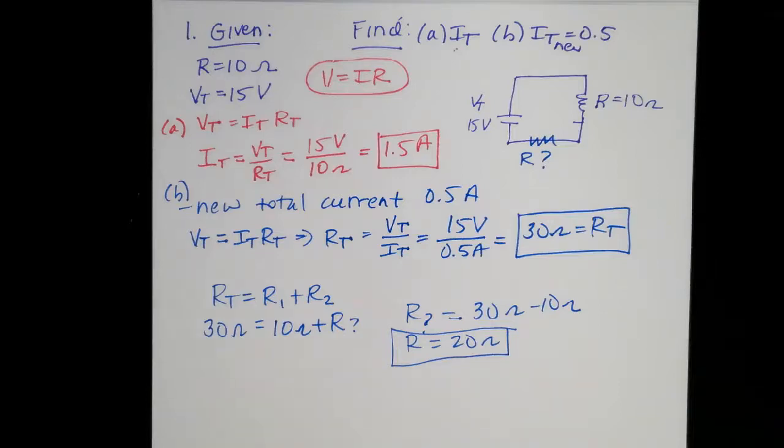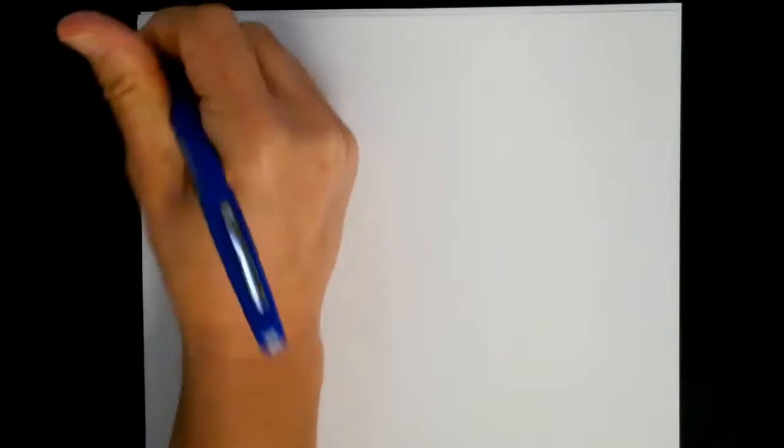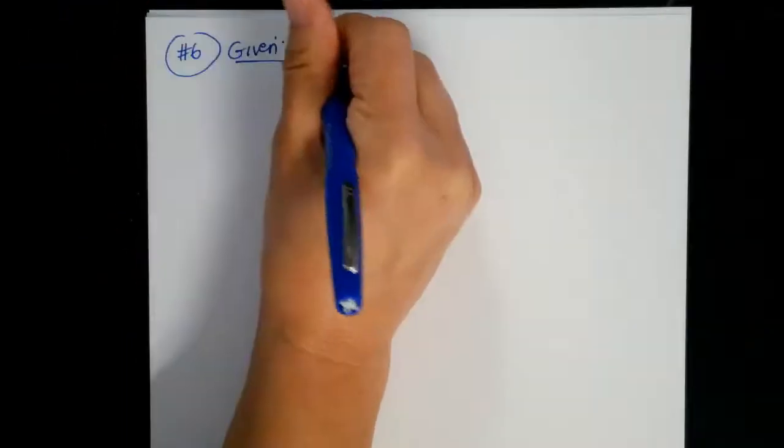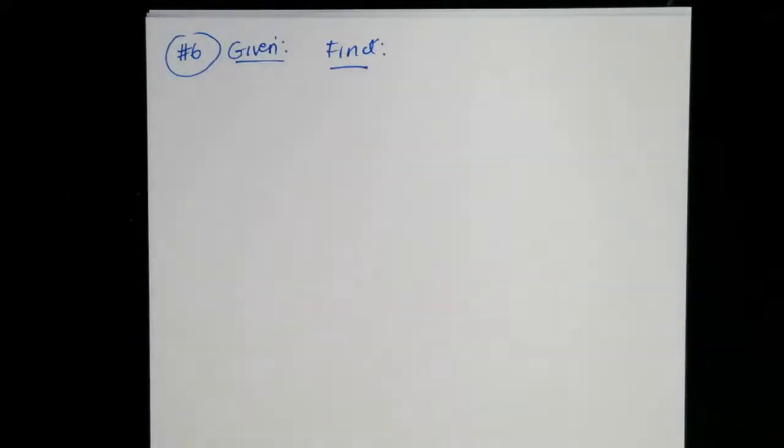So I'm going to start off with a fresh piece of paper. So we're going to do number 6. I'm going to write my given and my find because that's going to help me. It says a 6 ohm, 18 ohm, and 90 ohm resistors are connected in parallel.